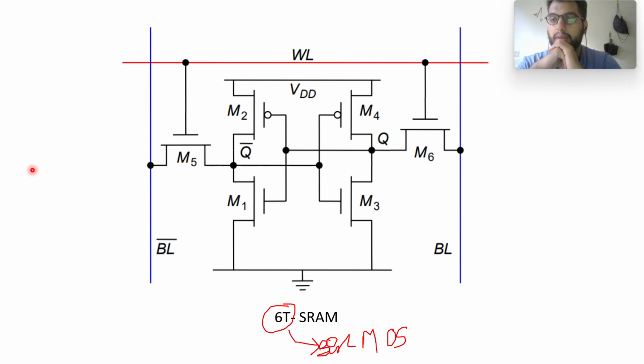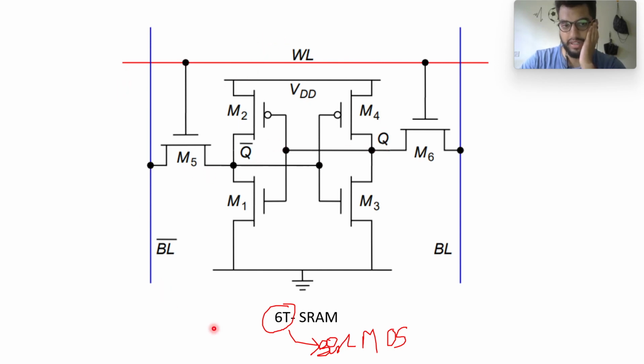So in the 6T SRAM cell, the cross coupled inverter pair forms the core of the cell. The data is stored on these nodes in the form of charge as Q and Q complement.